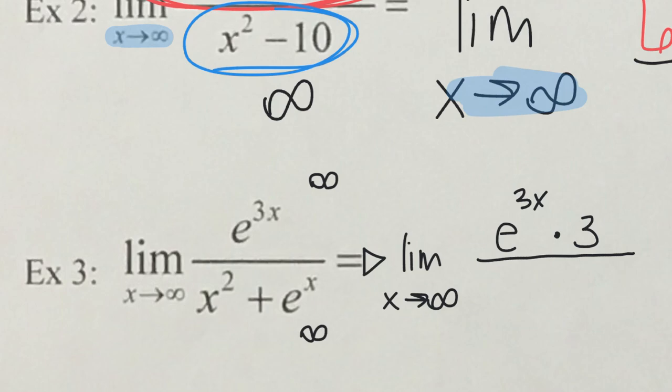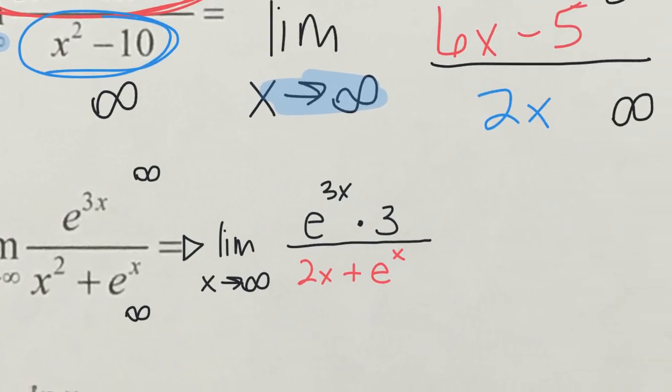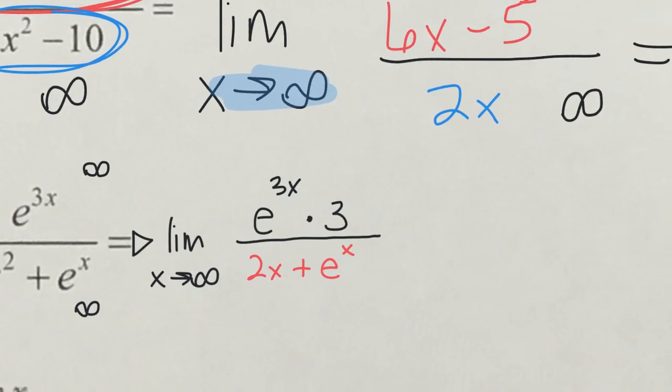And on the denominator, 2x plus e to the x. Okay, the derivative of e to the x is itself, right? E to the x times 1, basically, which is just itself. Okay, all right. Still have e to the 3 infinities, right? 3, that's still infinity. On the bottom is still infinity.